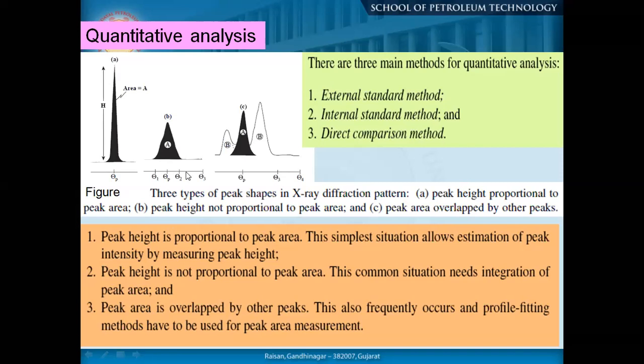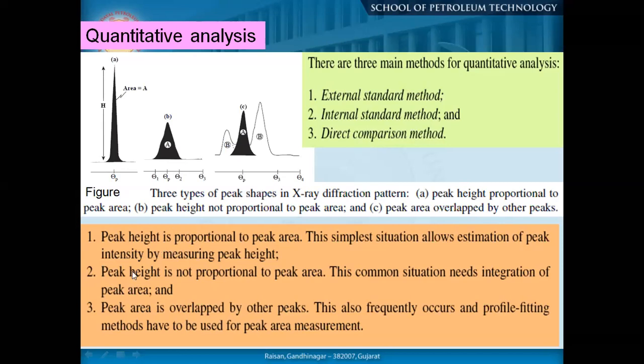Here you see peak height is not proportional to the peak area, and here the peak area is overlapped by other peaks. So actually you will get 3 peaks here. You see B and C. Okay, this is 2. So peak height is proportional to the peak area. Simple situations allow estimation of peak intensity by measuring peak height. So you also need to understand this properly for quantitative analysis.